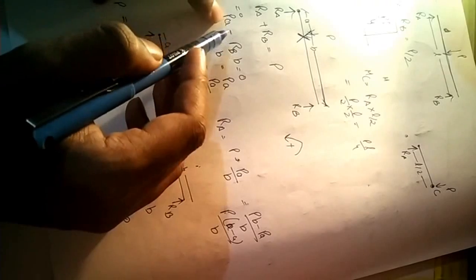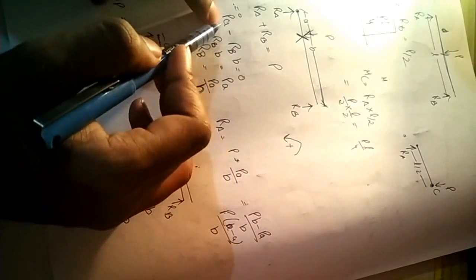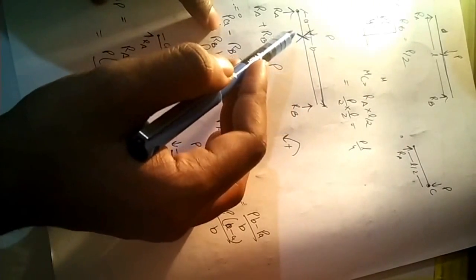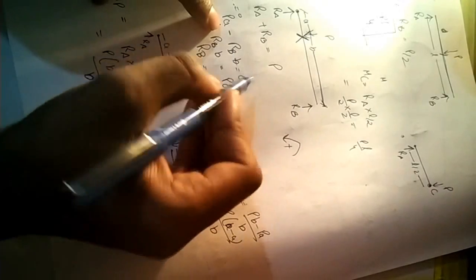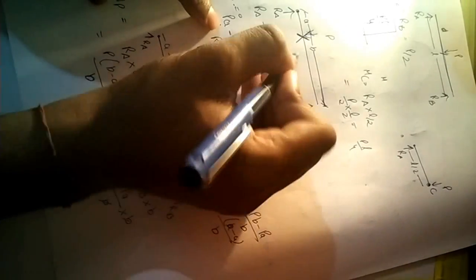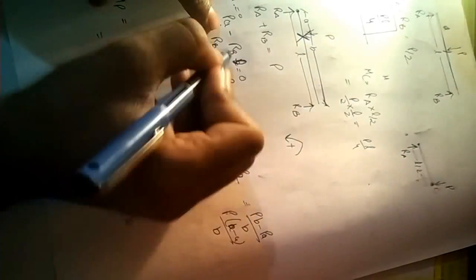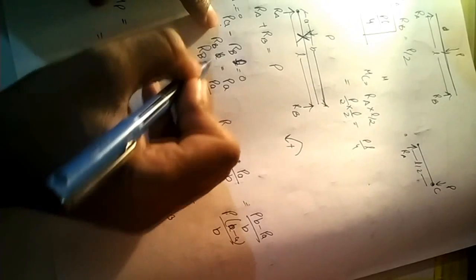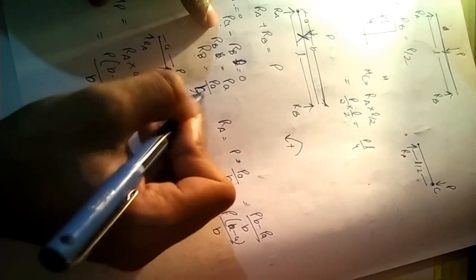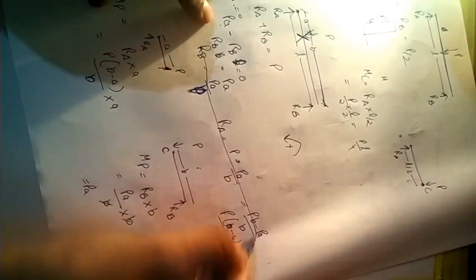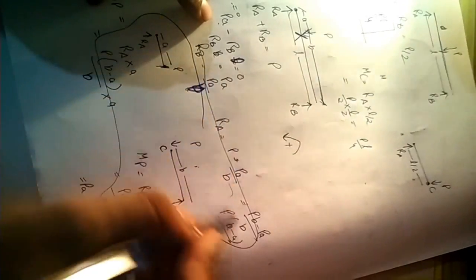The problem comes here. M at A is equal to 0, PA minus RB into L. Okay, you can cut it down.